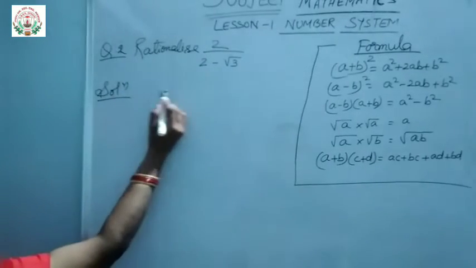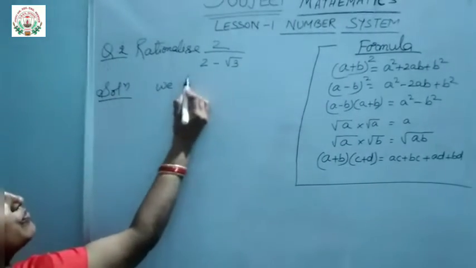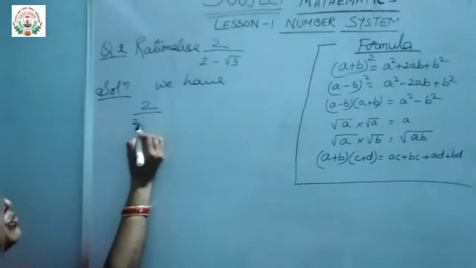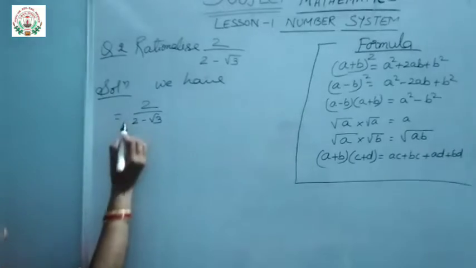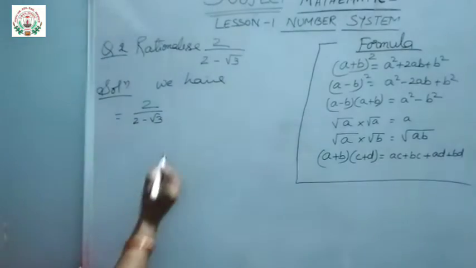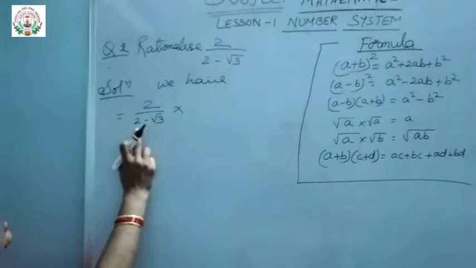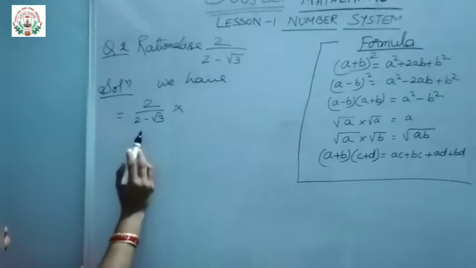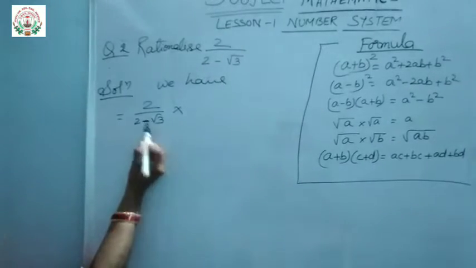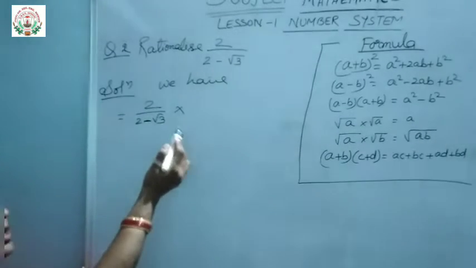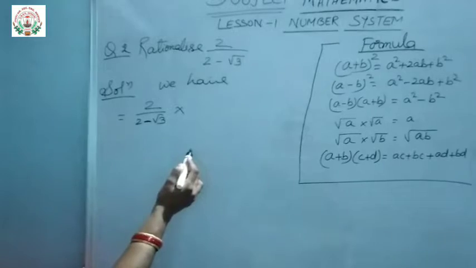Solution: we have the number 2 upon 2 minus root 3. So what will we multiply? Just the opposite of this sign. Whatever sign is there, what is the sign here? Minus. So opposite of this sign, we will take the number on the numerator and denominator.